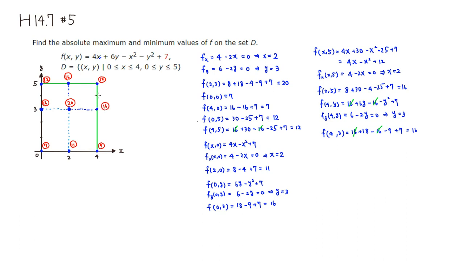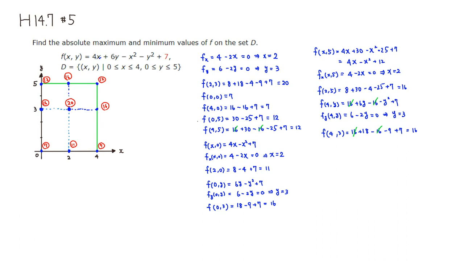Those are all the possible places where the absolute maximum and the absolute minimum value occur. You can see that the highest value is 20 at 2 comma 3.